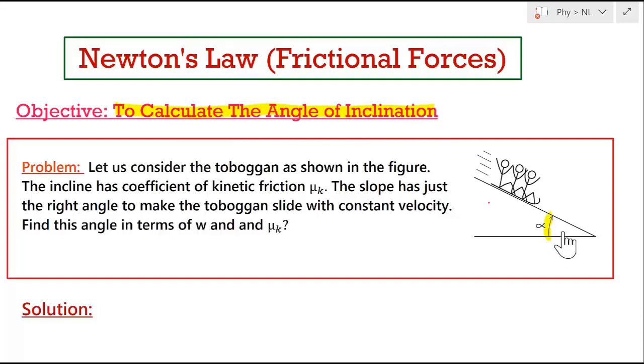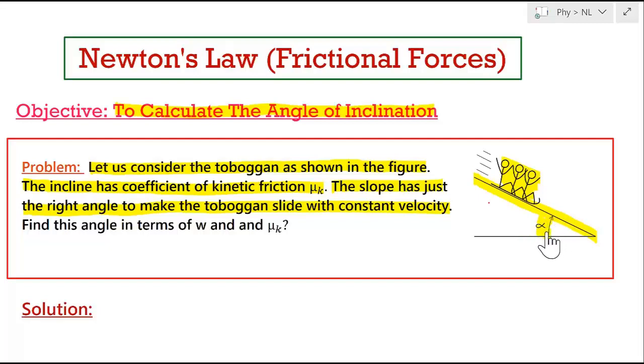So this problem says, let us consider the toboggan as shown in the figure. So this is the toboggan. The incline has coefficient of kinetic friction mu k. The slope has just the right angle to make the toboggan slide with a constant velocity.